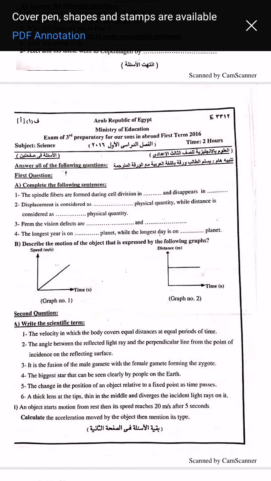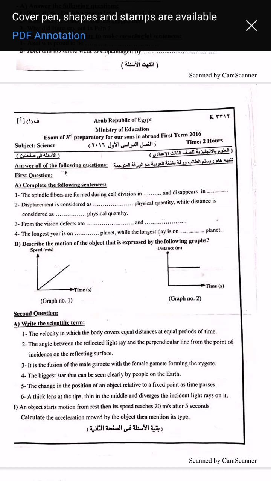The first question, complete the following sentences. Number 1, spindle fibers are formed during the cell division in space and disappear in space. The answer is spindle fibers are formed during cell division in prophase and disappear in telophase.